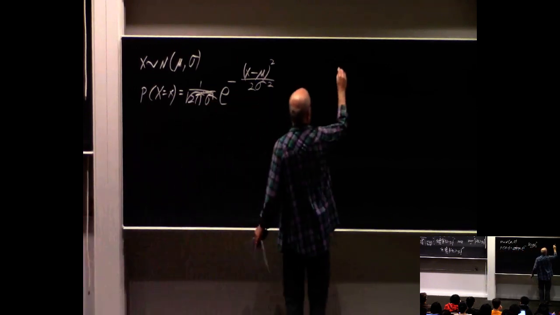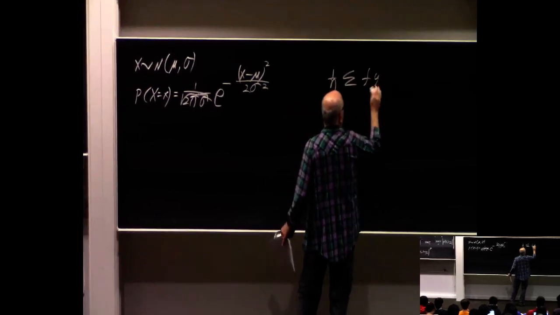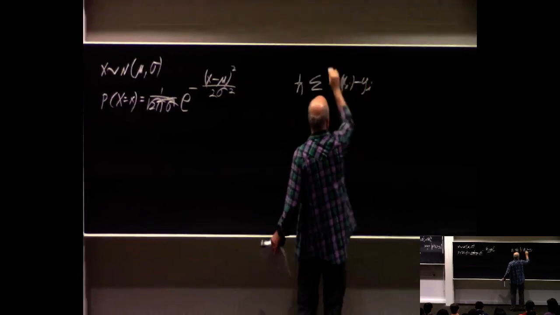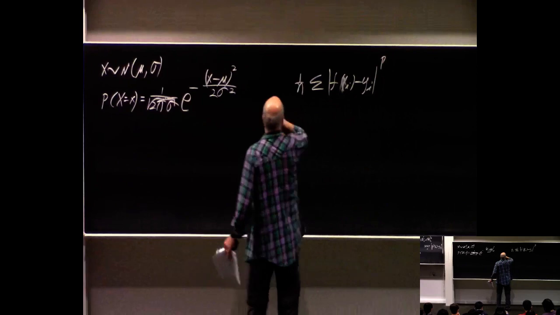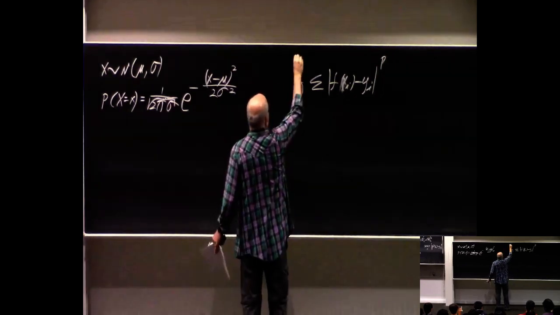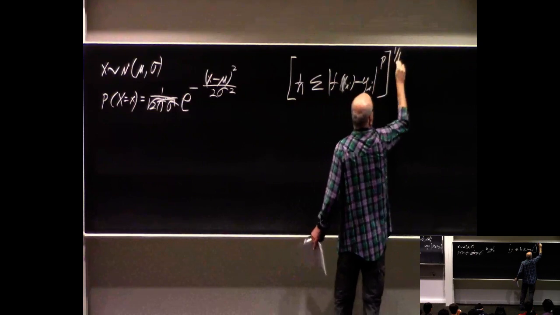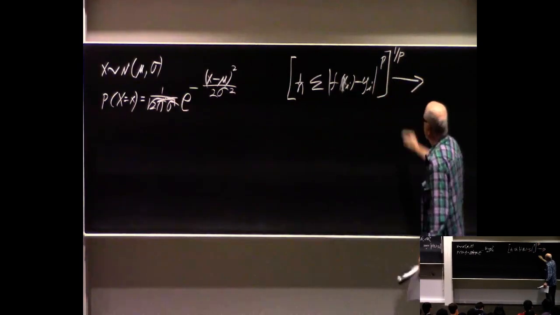If you take the usual measure of error and you raise it to the power of 1 over p, where does it go?